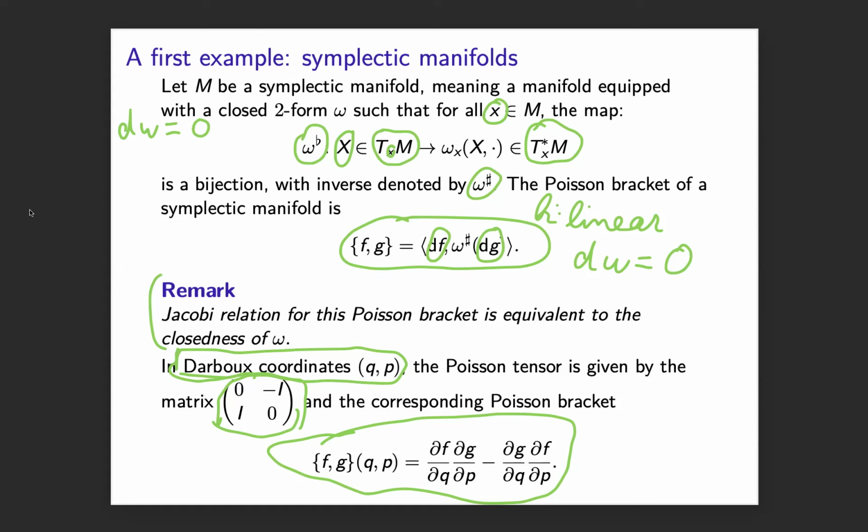So that was our first example of Poisson manifolds, symplectic manifolds, that are very important because of the fact that this map is a bijection.